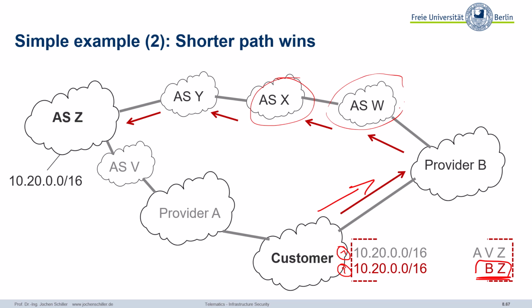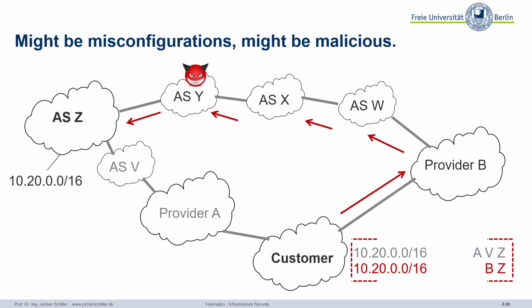How should I know that there might be a direct link between B and C, the destination AS? But this is not the case. So yes, B was lying. And what could be a problem? Maybe there's someone sitting there at Y or X or W, and this guy will now see the traffic.